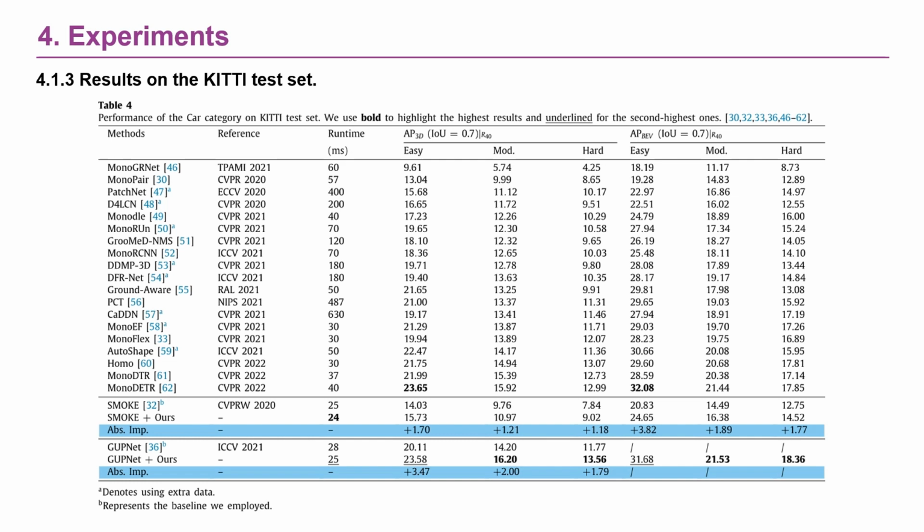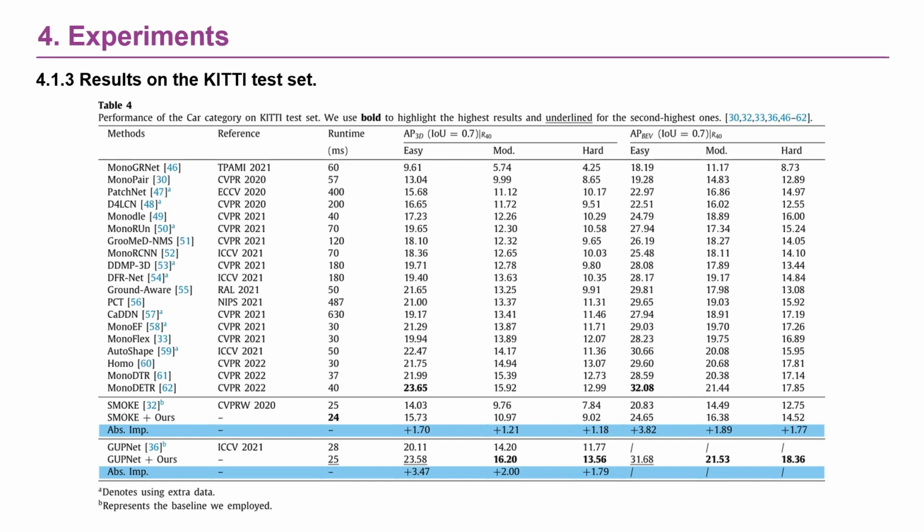For instance, the proposed method improves the AP3D of SMOKE by +1.70, +1.21, +1.18 absolute improvements under easy/moderate/hard setting. Meanwhile, our approach increased the same metric of GUPNet from 20.11, 14.20, 11.77 to 23.58, 16.20, 13.56, which is absolutely remarkable.